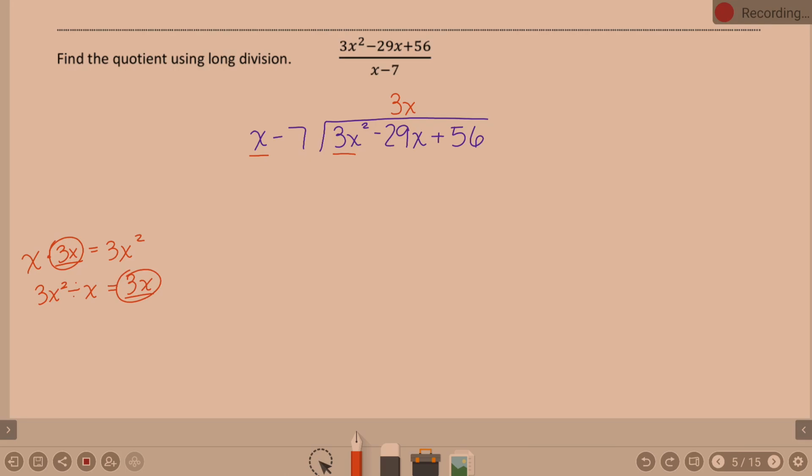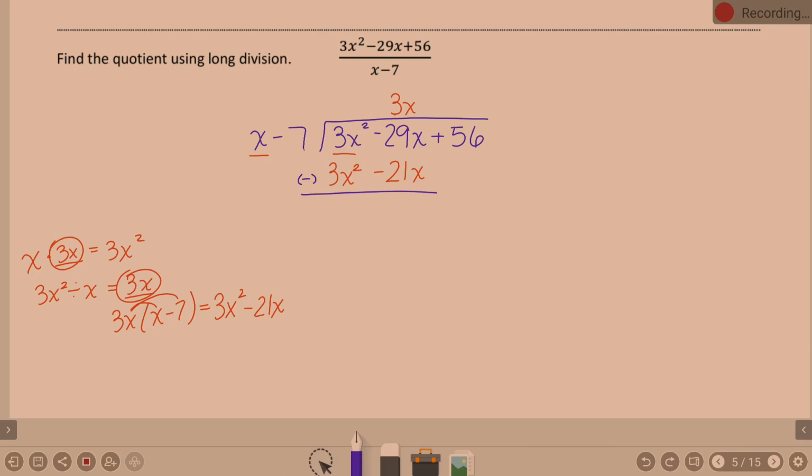Yeah, we're going to multiply here, right? 3x times x is 3x squared. 3x times minus 7, minus 21x. And I don't know if you needed it, but does it help if I show the distributive over here? Some of you are going to want that. Some of you aren't going to care. 3x times x was the 3x squared. 3x times minus 7 minus 21x. Okay. And now we're going to, what are you doing?